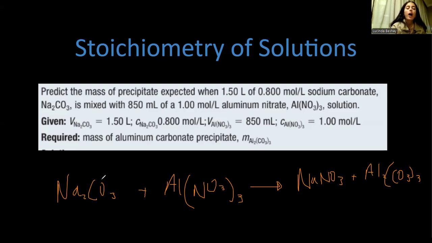So I would personally prefer to find the limiting reagent first by doing 1.5 times 0.800 to get the moles. Again, remember the triangle. Not 0, it's 1.50 times 0.800. That equals 1.2 moles.